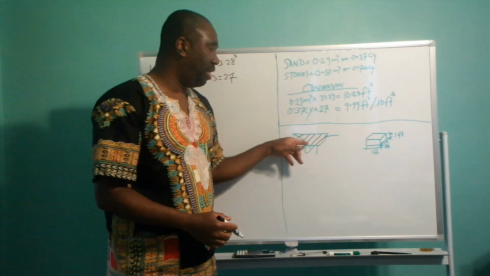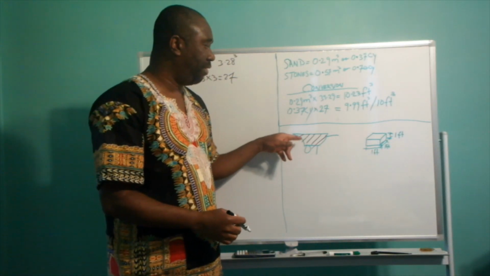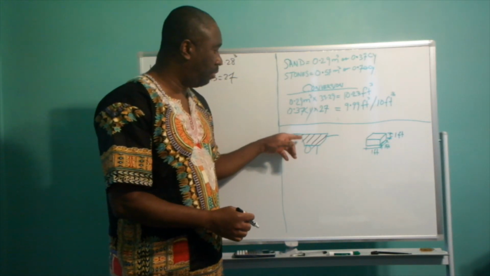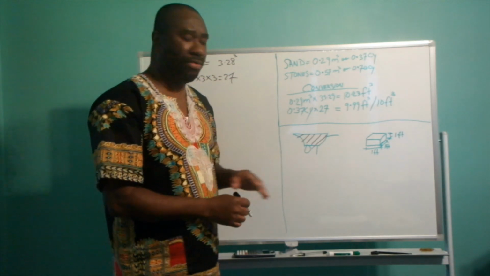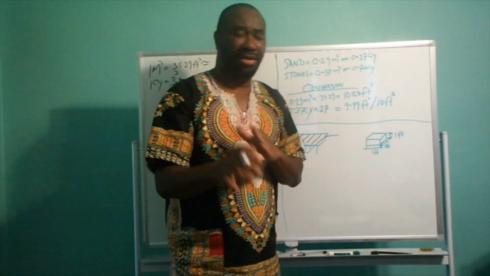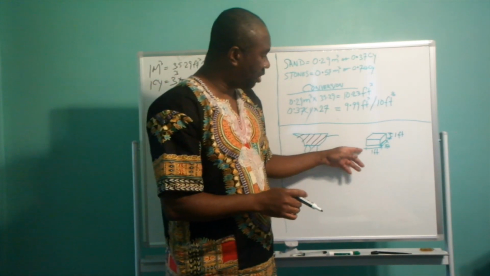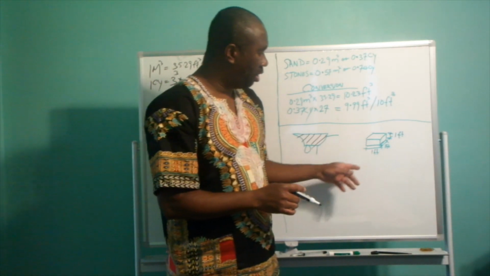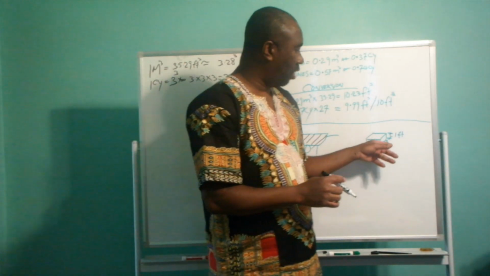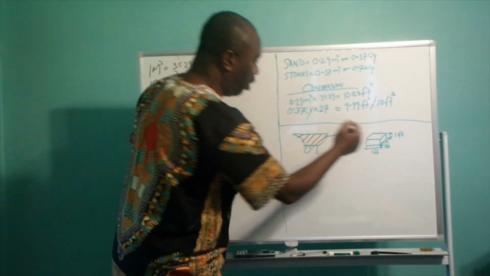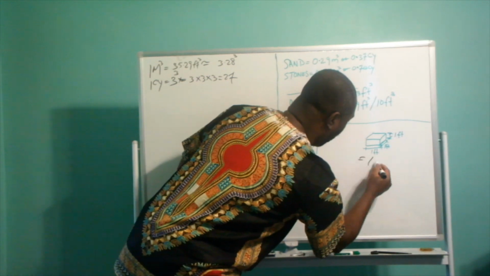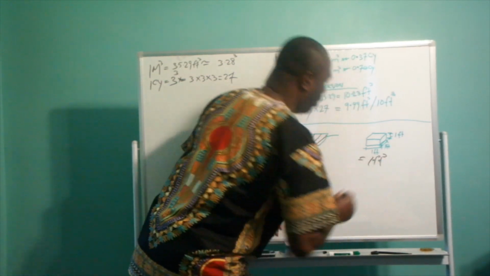But the shape of the wheelbarrow makes it very, very difficult to come up with that cross-sectional area. So the other alternative is to make a measuring box, consisting of 1 foot in width, 1 foot in length and 1 foot in height, which works out to be 1 cubic foot.